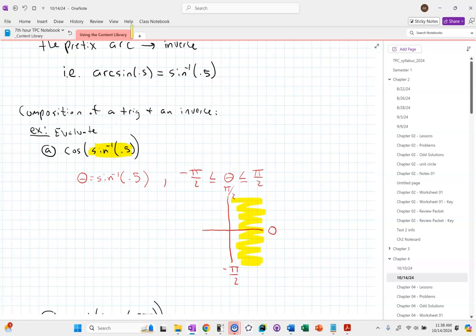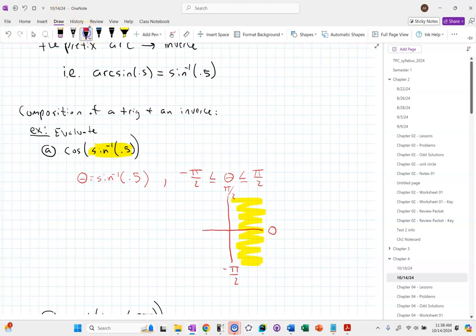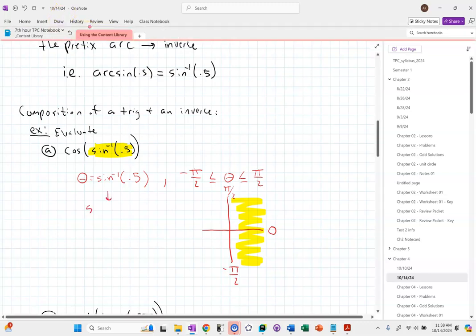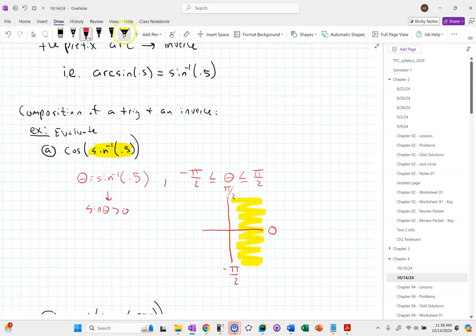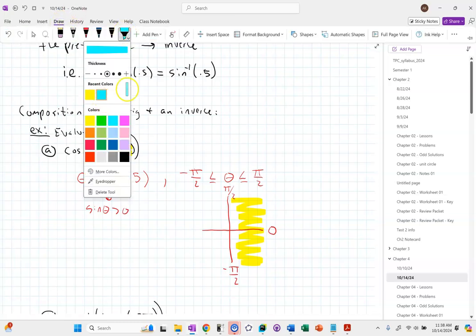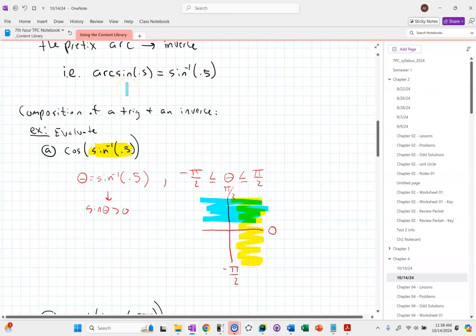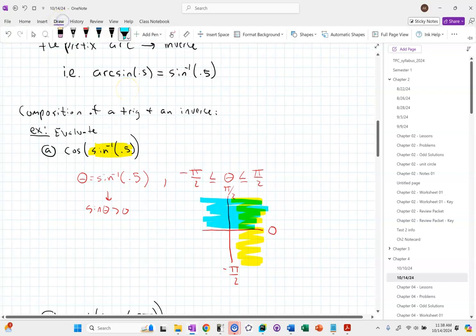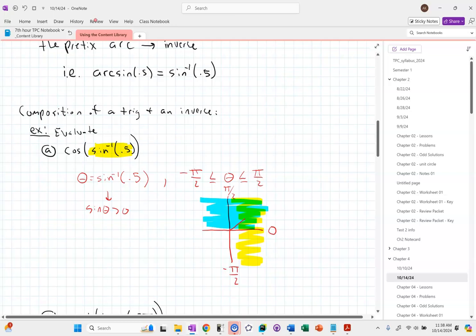Everybody's okay there? If I look at this, I know that sine theta has to be positive. Well, that happens in quadrants 1 and 2. So my answer needs to be in quadrant 1. Is everybody okay with that idea?